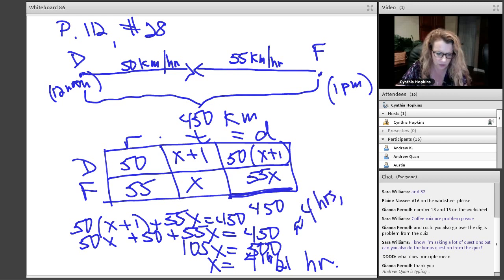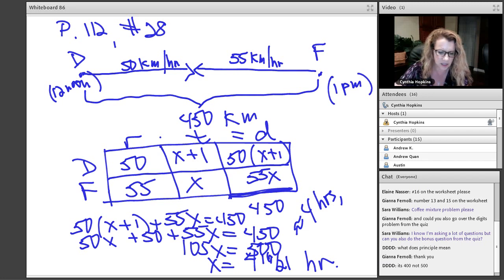So let me subtract 4 and just have that fraction. I'm going to multiply that by 60 to change it. 16 divided by 21 times 60 minutes, and I get approximately 46 minutes. So, whoops.